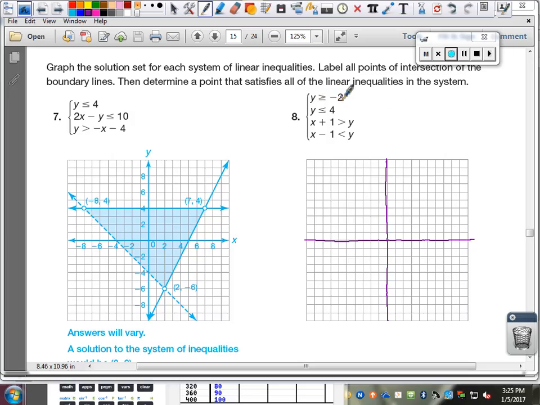There's no x in that one, so that should make you think of horizontal. Okay, so I'm going to go to -2 and I'm going to draw a solid line, actually I'm going to use a different color. I'm going to draw a solid line because there's an equal bar.